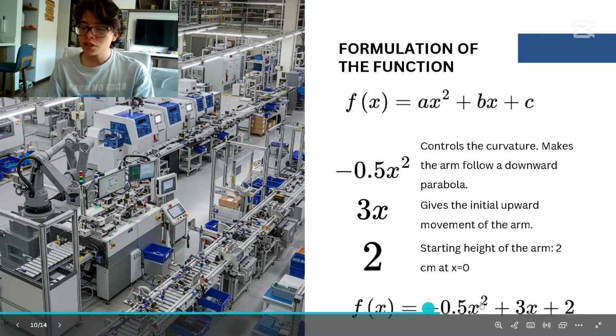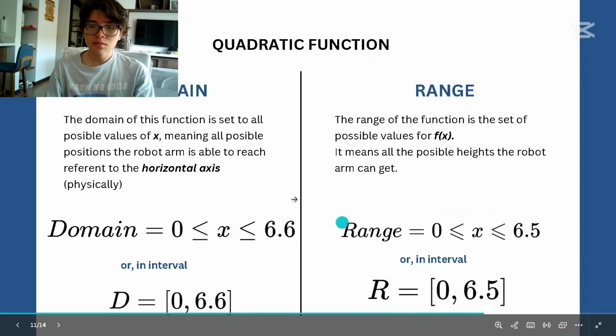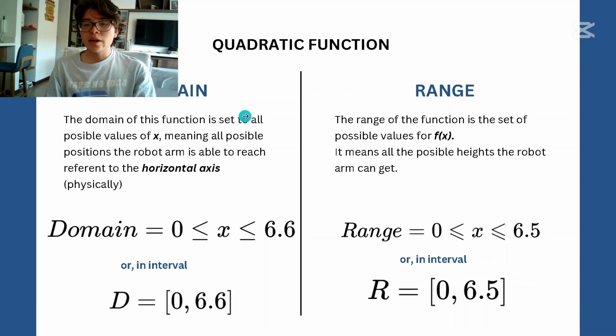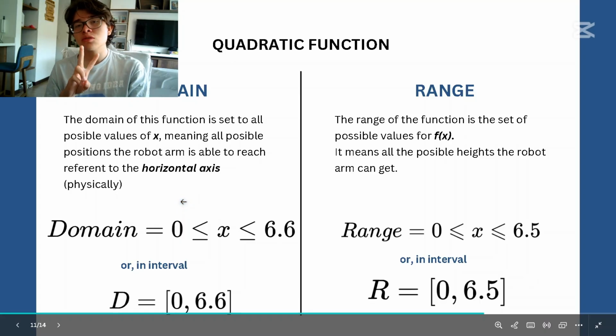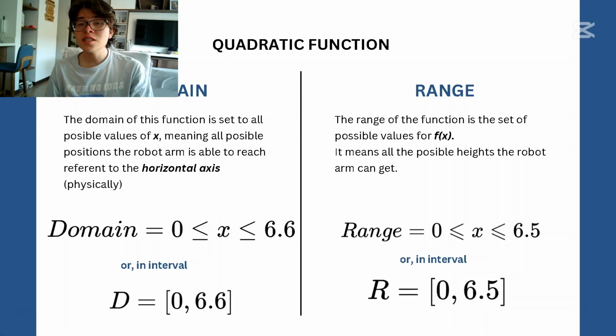Here we have our function again. Well, we have something interesting right here, because if we look, we have the domain, but we have two domains. We have the physical domain, that's right in here, from 0 to 6.6, but we also have a mathematical domain.